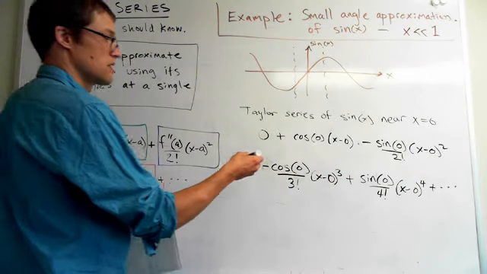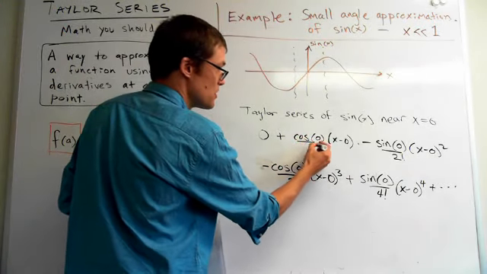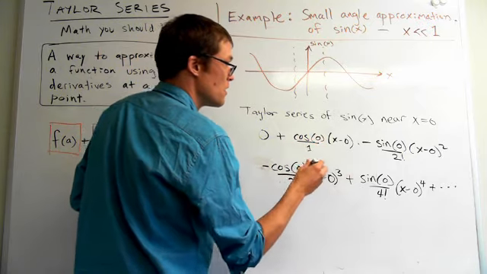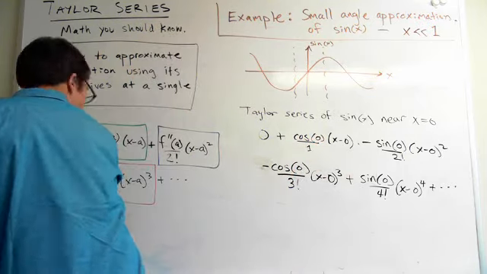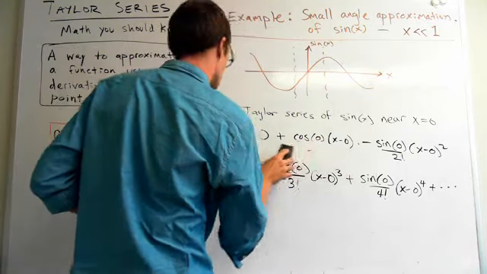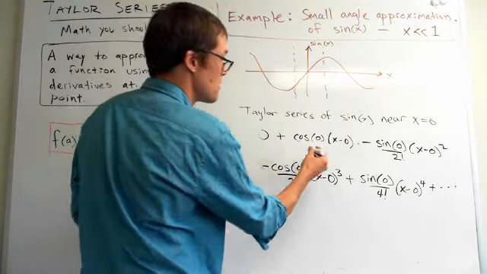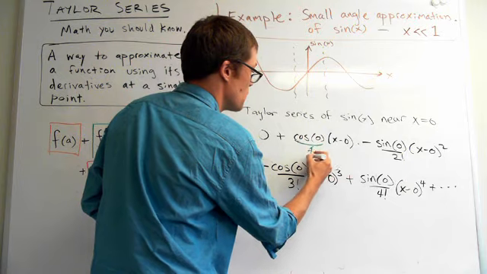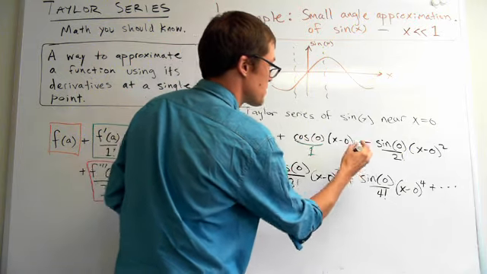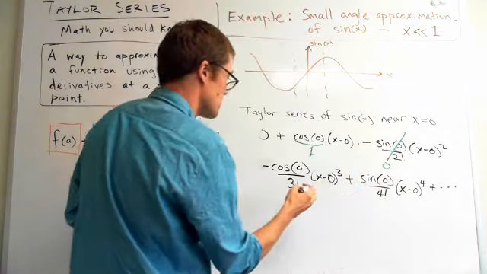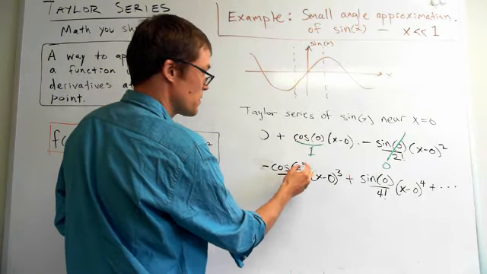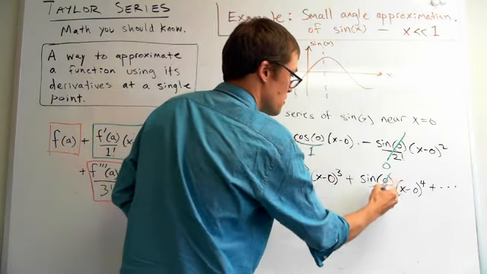So let's get rid of the term. So this is cosine 0, that's 1. Let's use a different color here. So this guy is 1. This guy is 0. This guy is 1. That's 0.